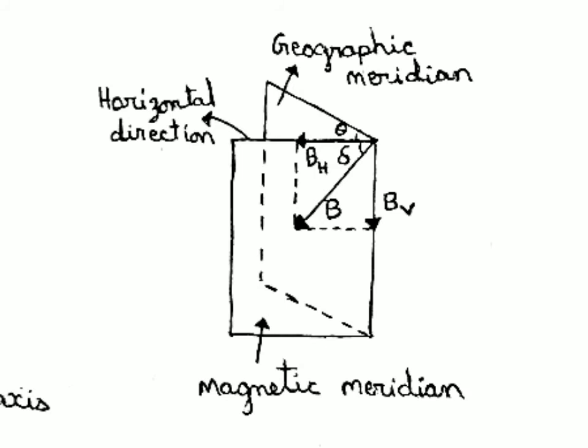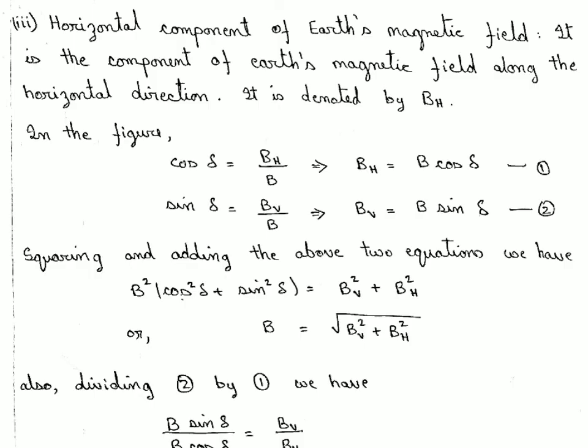Then the third element is the horizontal component of the Earth's magnetic field. This is defined as the component of the Earth's magnetic field along the horizontal direction, and it is denoted by BH. Now we know that the Earth's magnetic field is directed in different directions at different places on the surface of the Earth.